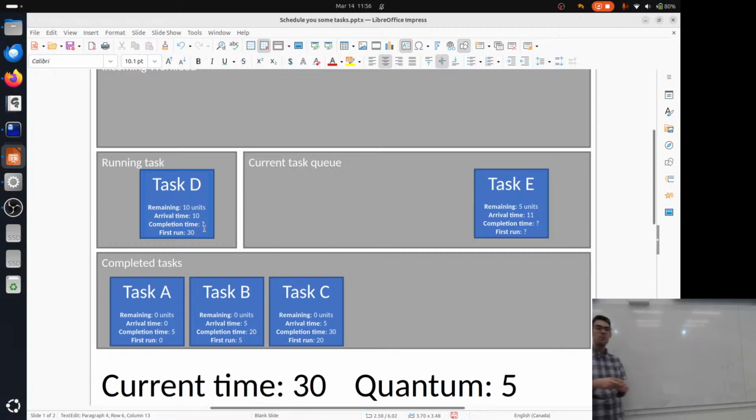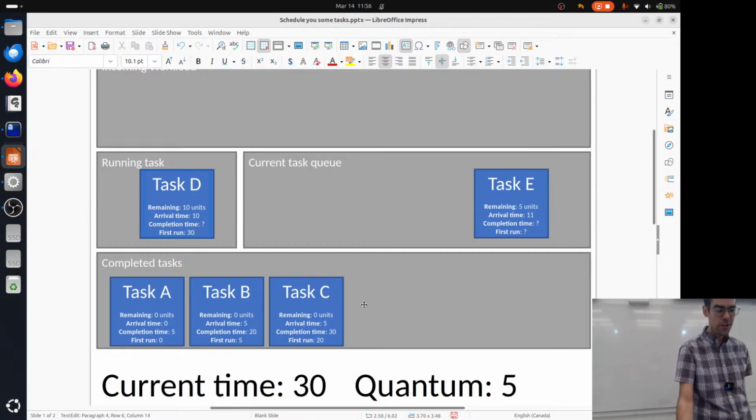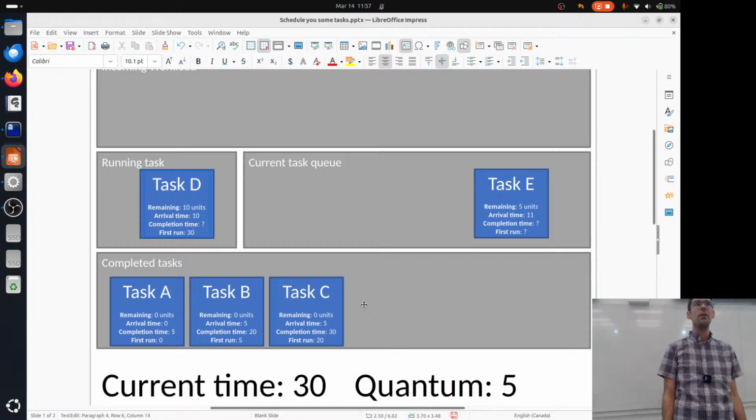There's no difference between the length of the job and the actual time that it finished. But as we're waiting for these tasks to finish sequentially, the tasks that arrive later, their response time grows and their turnaround time grows. And as more tasks arrive in the system, the response time and turnaround time are each going to grow quite a lot as we wait for these other tasks to finish.